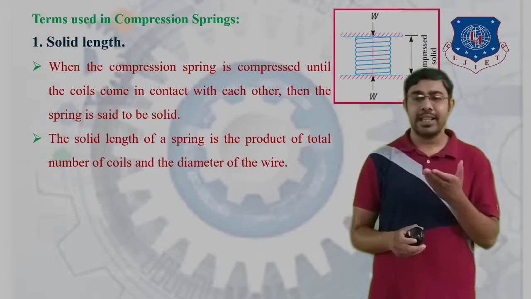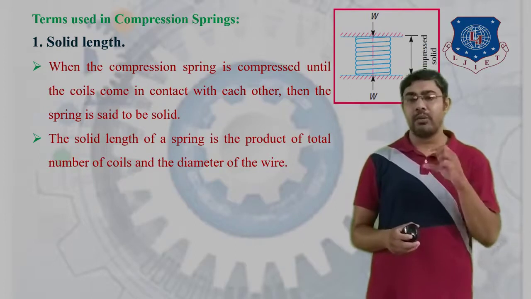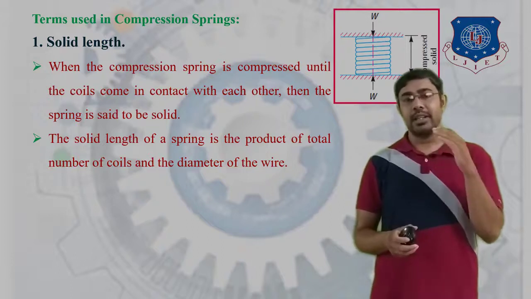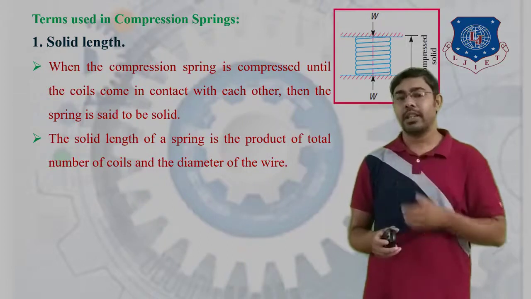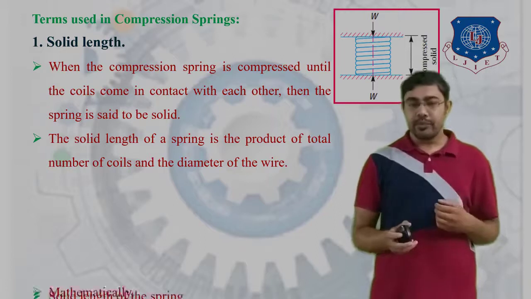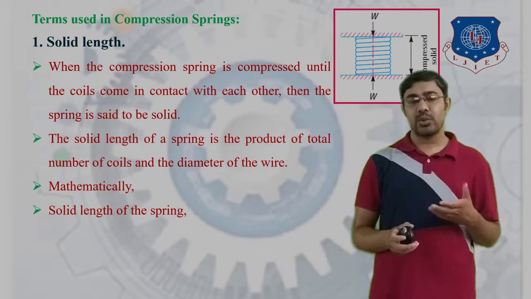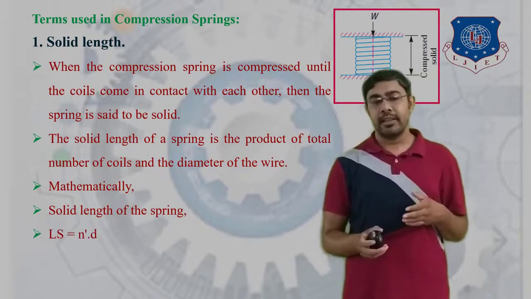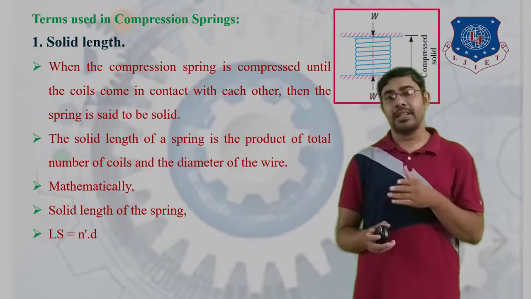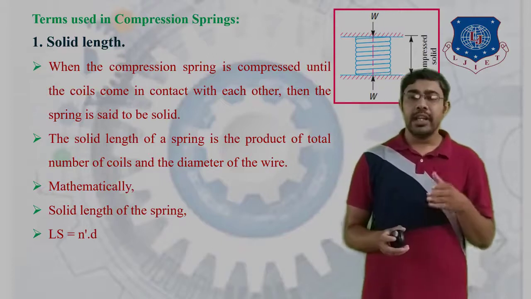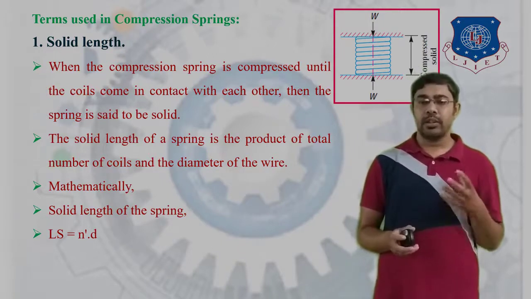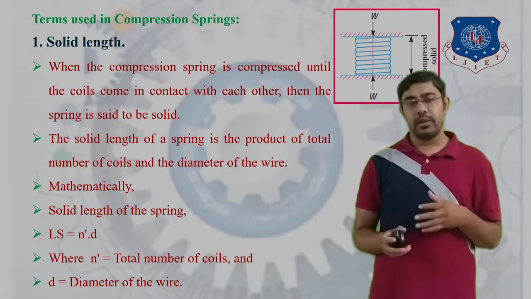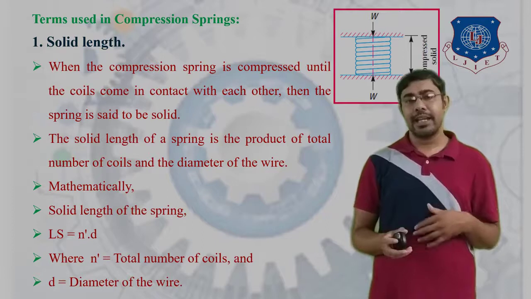You can see from the figure that solid length is nothing but the number of coils multiplied by the diameter of wire. So mathematically, solid length of spring is LS, where LS means solid length, and it is N dash into small d. Here N dash is the total number of turns or coils, and small d is the diameter of wire.